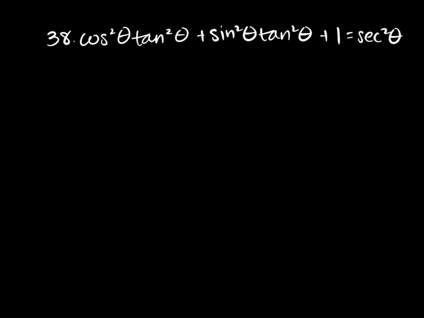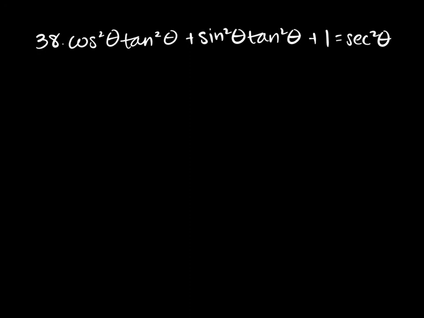For 38, cosine squared theta tangent squared theta plus sine squared theta tangent squared theta plus 1 is equal to secant squared theta. Again, the left-hand side is obviously the more complicated one, so I'm going to start with my left-hand side.